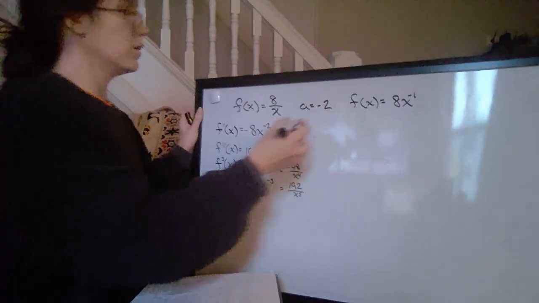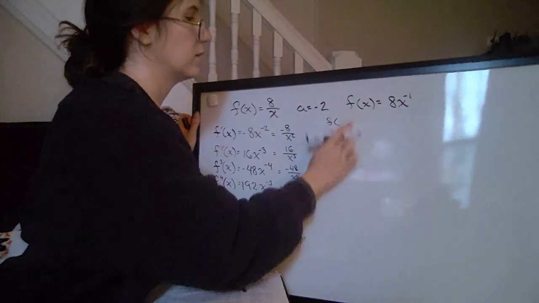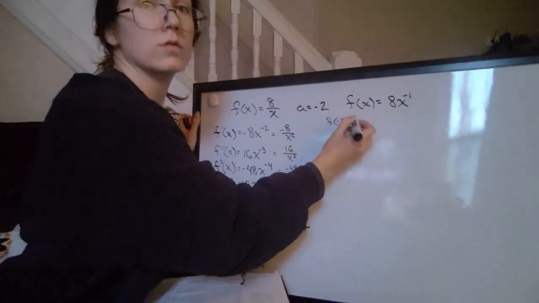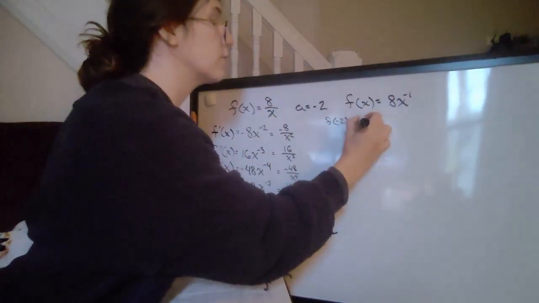There we go. So if I have f of -2, this is going to be 8 divided by -2, which is -4.